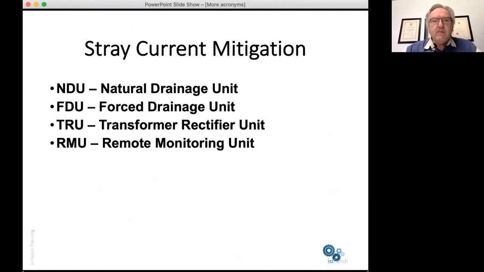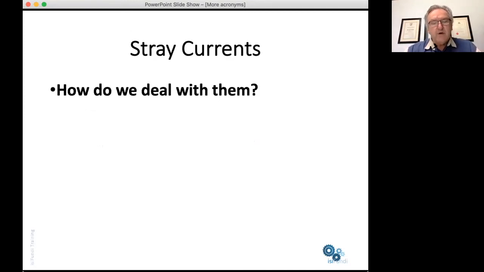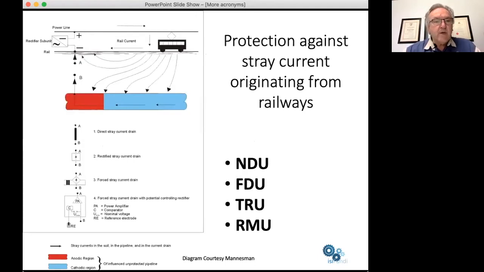The terms that we mentioned last week can be defined as natural drainage units, forced drainage units, transformer rectifier units, and then these operations are monitored using remote monitoring units. These are all somewhat of a mouthful, and so we tend to use the acronyms of NDU, FDU, TRU, and RMU. And really what these are different types of electrical systems which we can use.